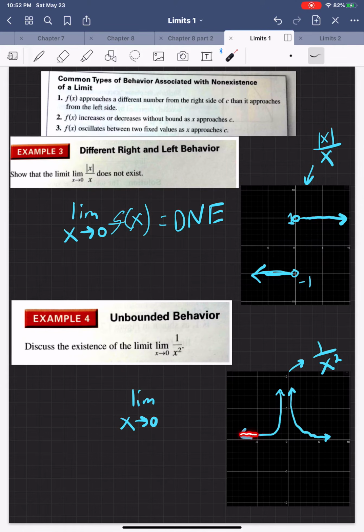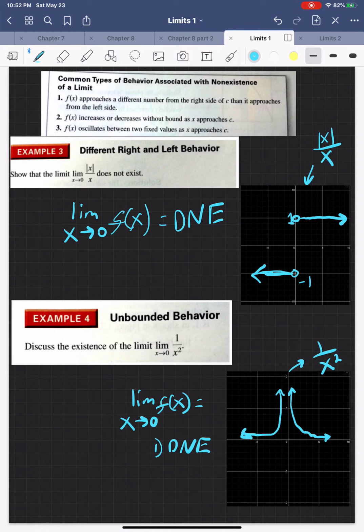Here's you approaching, getting closer and closer to 0, and look at what your graph is doing. It's again going up to positive infinity. So there are 2 ways of answering this question, but you're saying the same thing. If I were to ask you what the answer is here, I would prefer you simply state does not exist, because it's not approaching the same number from both sides.